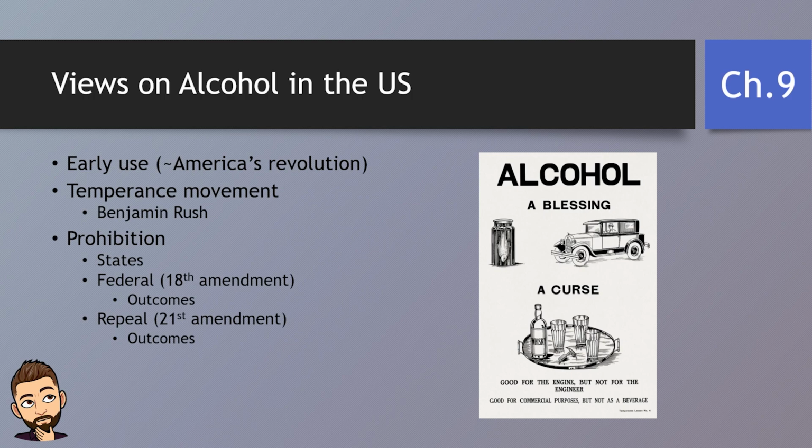However, around 1933, the U.S. repealed the 18th Amendment. They repealed that federal outlawing of alcohol, which was done through the 21st Amendment. That's what repealed the 18th. So some of the reasons for this repeal were that, of course, they were missing out on taxation revenue from alcohol.